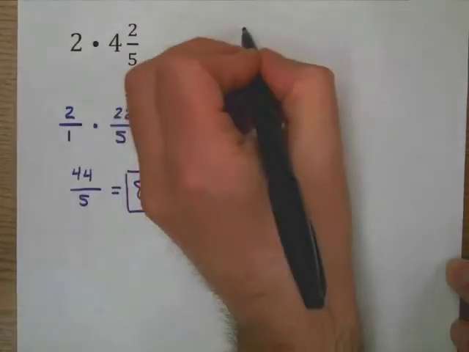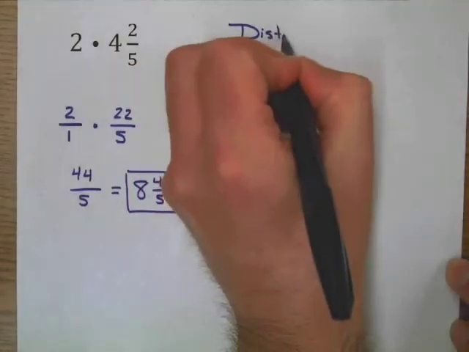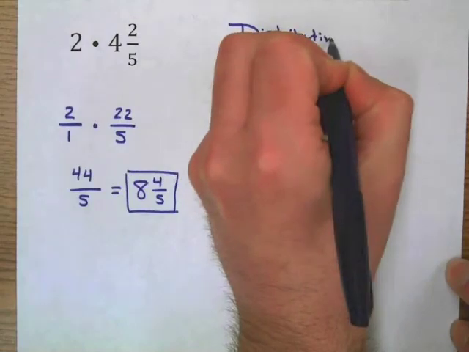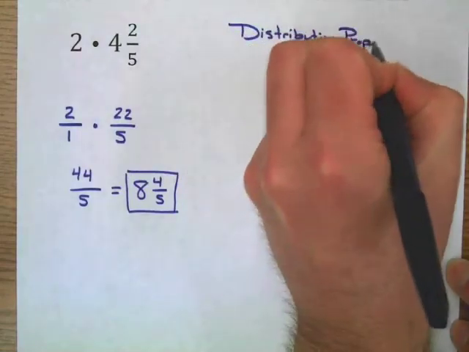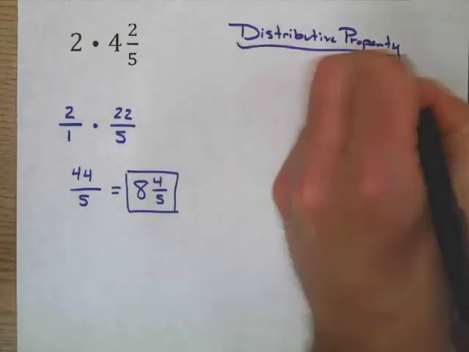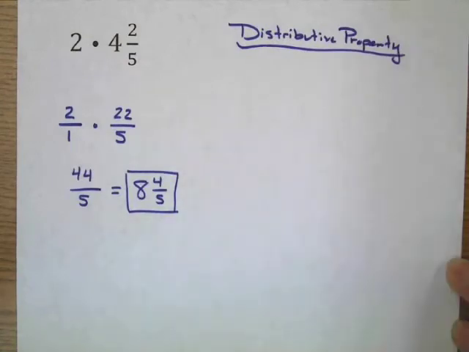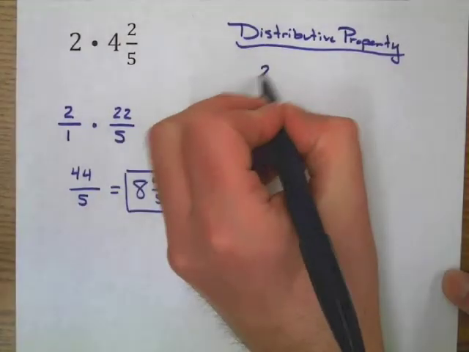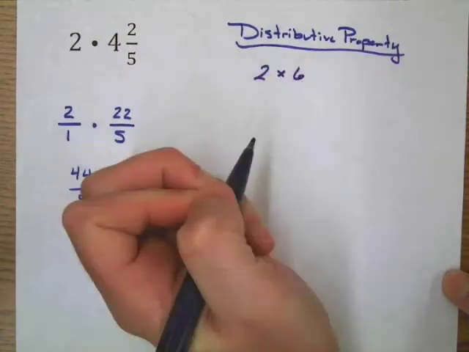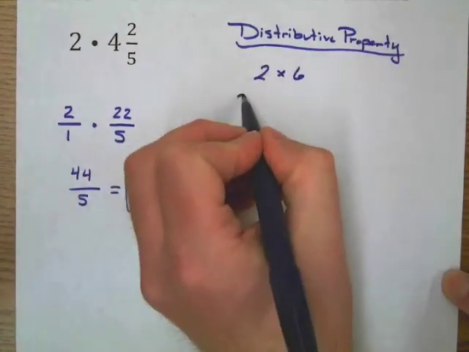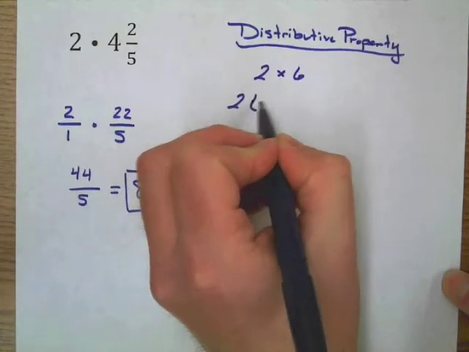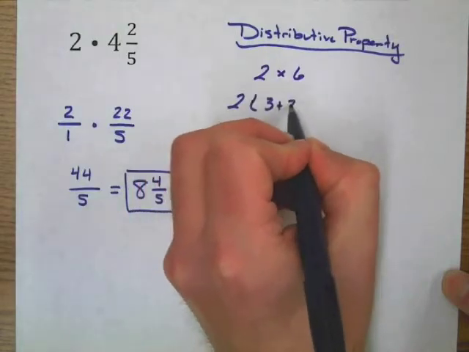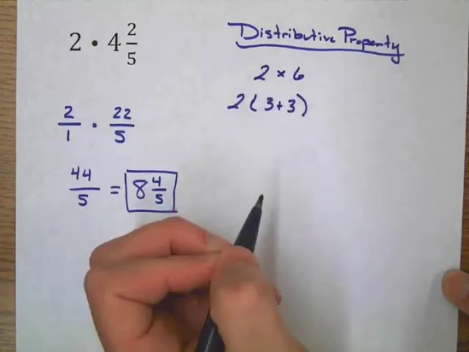I can use the distributive property. And that distributive property, if you recall, says that I can pull numbers apart and multiply by their parts. So for example, let's say I have 2 being multiplied by 6. I could also think of that as 2 being multiplied by 3 plus 3, because 3 plus 3 is 6.